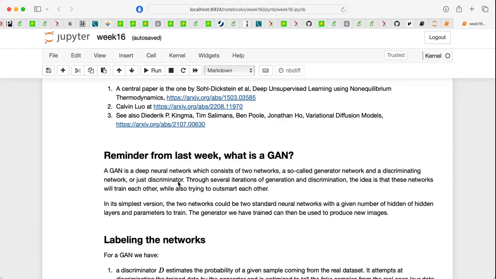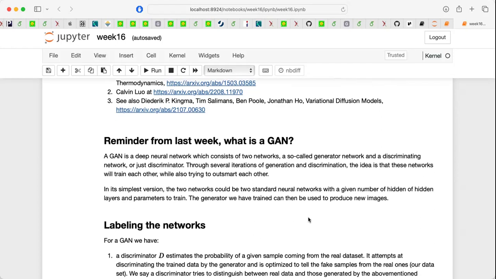And the discriminator is going to discriminate between the original data and the data which are then being produced by the generator. So in the simplest version, the two networks could just be two standard neural networks with a given number of hidden layers and parameters to train. And the generator which we have trained can then be used to produce, for instance, new images.